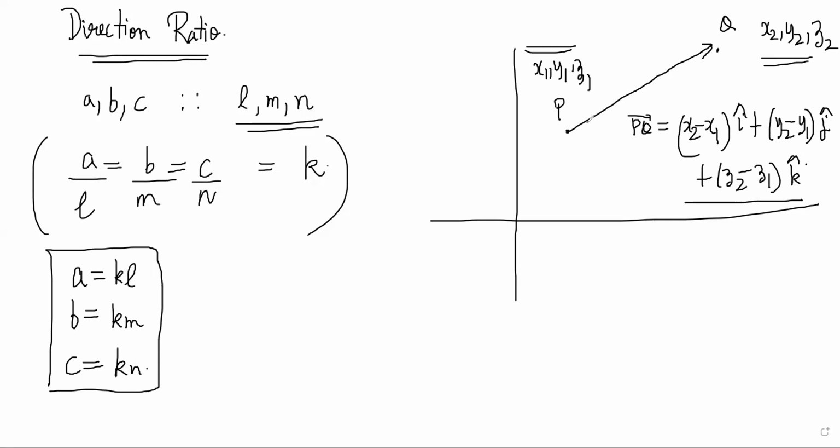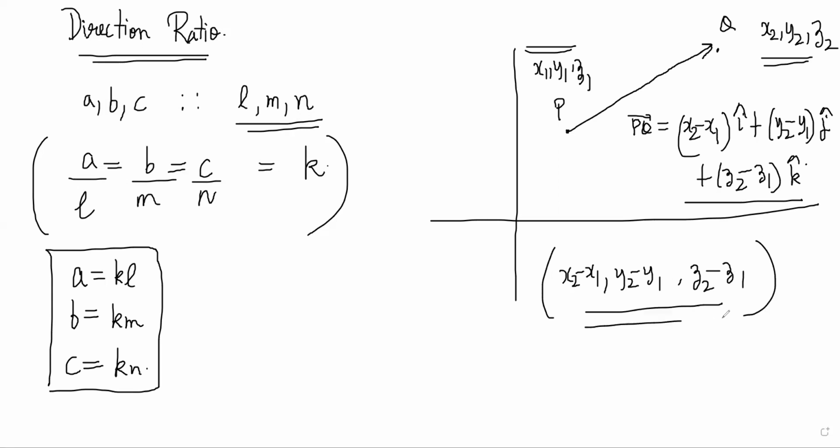So this PQ vector determines the direction of this segment, and the numbers x2 minus x1, y2 minus y1, z2 minus z1 determine the direction of the vector. So this can be called the direction ratio for the vector PQ, right?